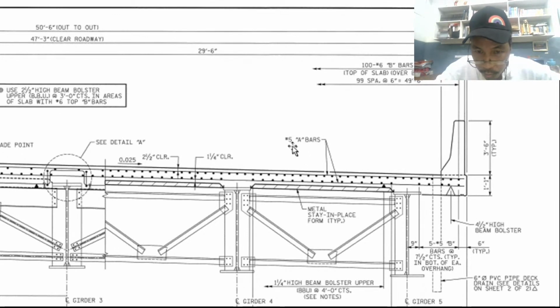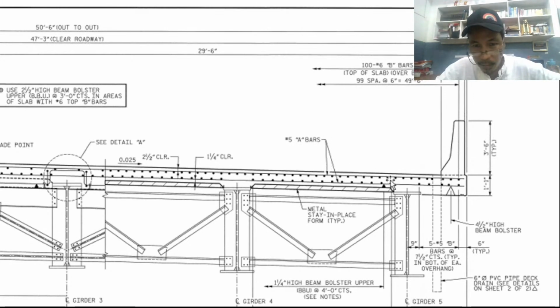Okay? So number 5, A bars. So I can read it now. A bars meaning what we read a while ago are B bars because there is A bars. There is A bars, so there is B bars. Okay, so number 5 B bars and number 5 A bars. Okay, so we have this number 5.